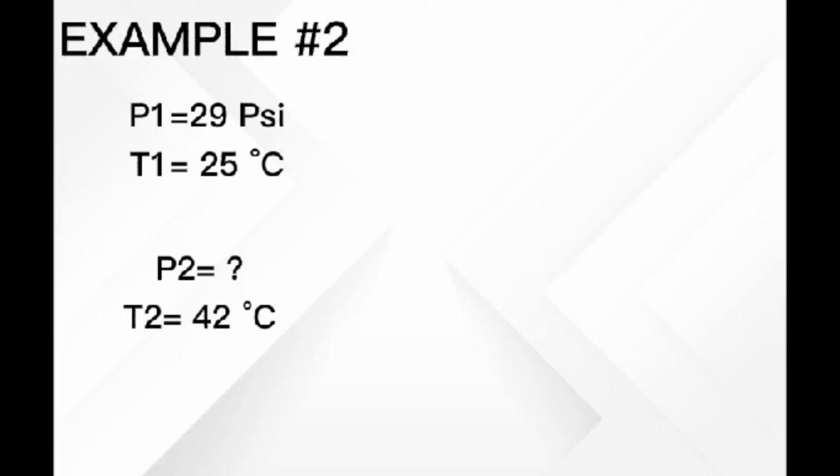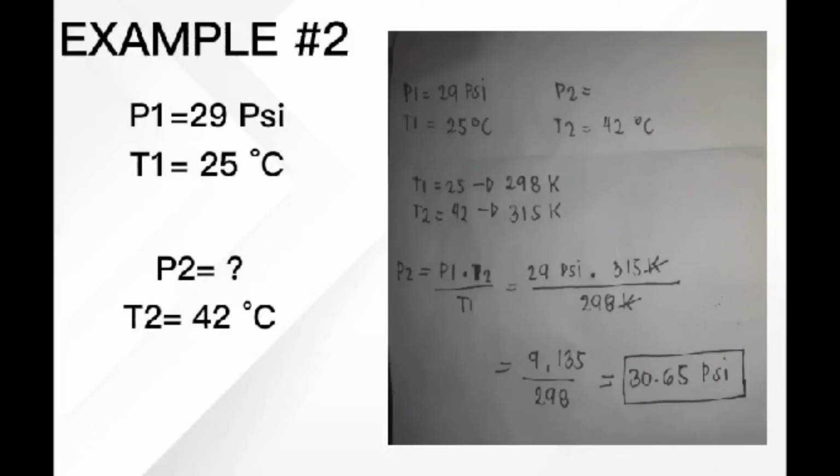Example number 2, we have P1 is equal to 29 psi, T1 is equal to 25 Celsius, T2 is equal to 42 Celsius. To find the final pressure, we have the formula P2 is equal to P1 times T2 over T1. Remember, if our temperature is in Celsius, convert it into Kelvin by simply adding 273. So our T1 now will be 298 Kelvin. Our T2 is 315 Kelvin.